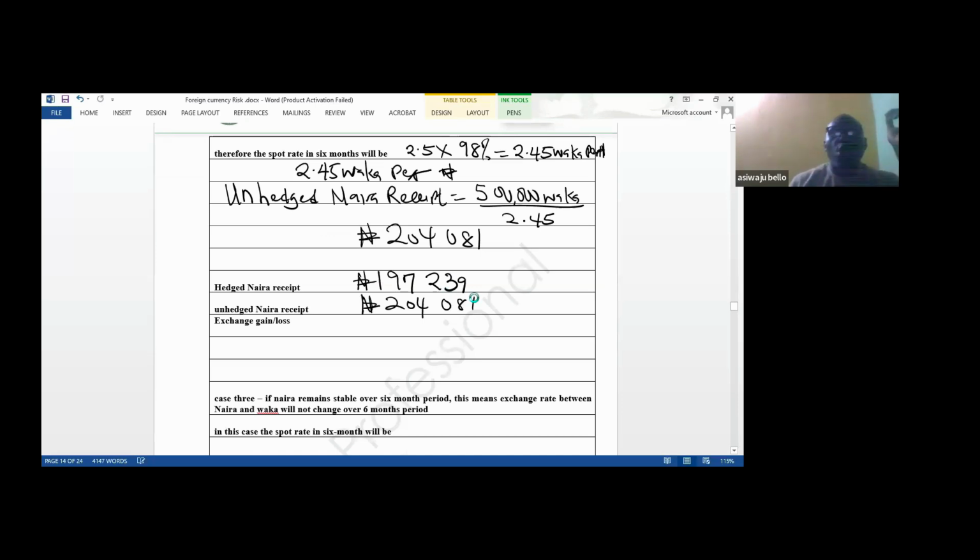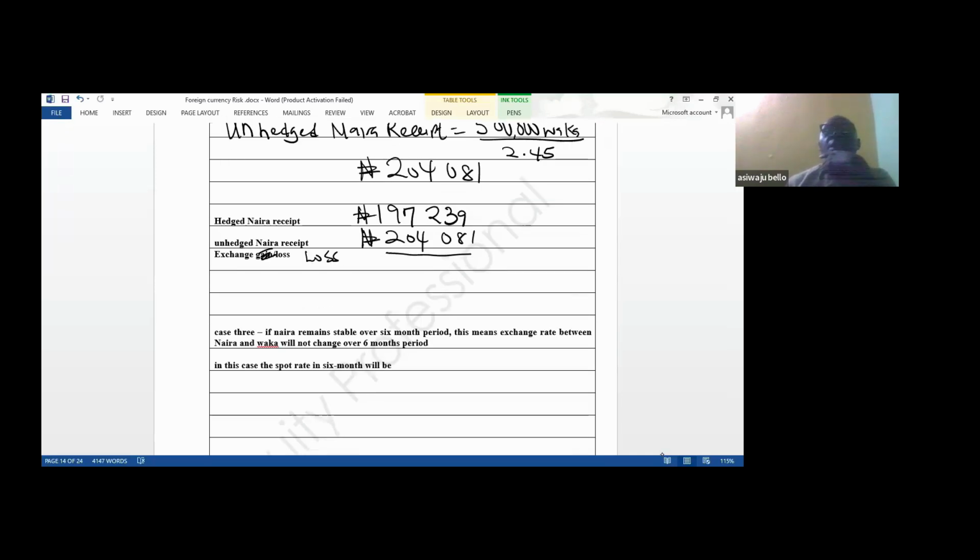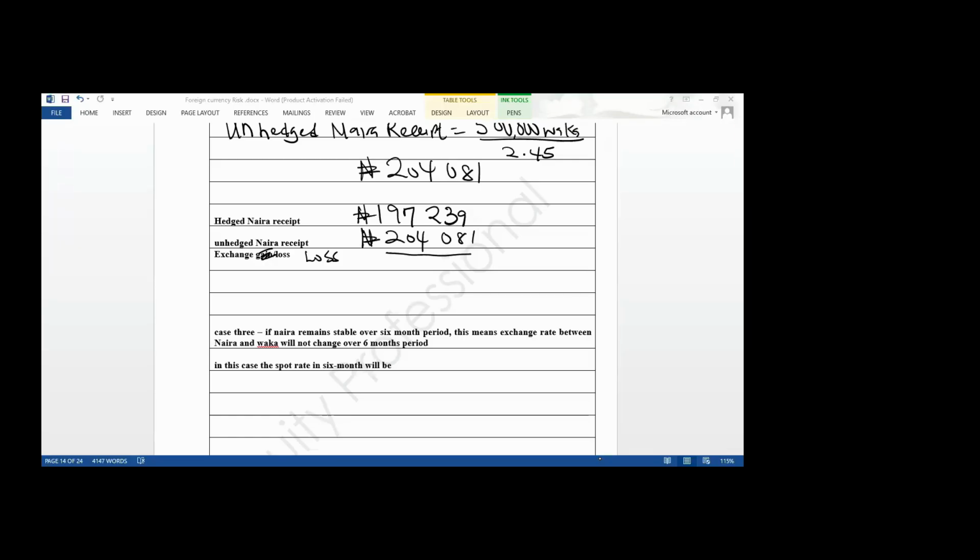Obviously, this is an exchange loss, because we are receiving less Naira as a result of hedging. The difference is 6,843.